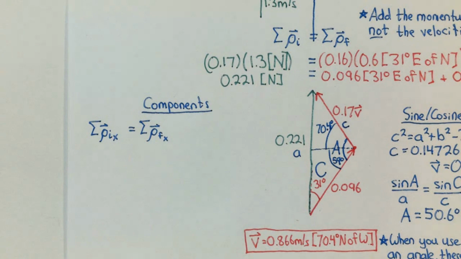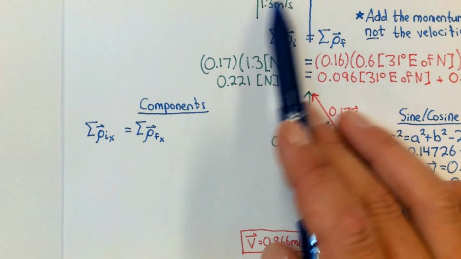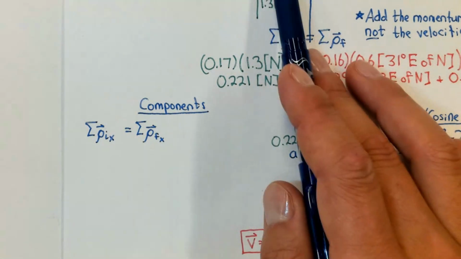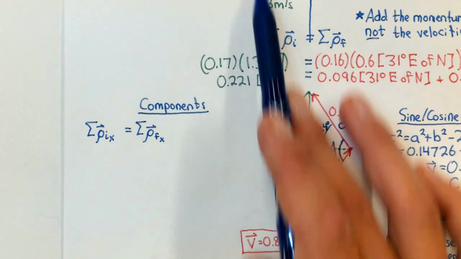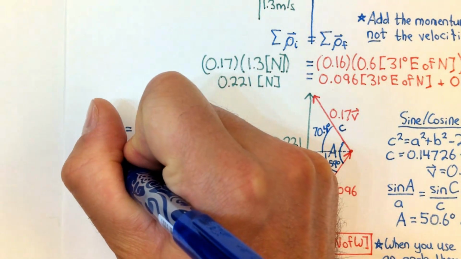So let's look at what's happening in the x direction. Well, initially, in the x direction, I've got nothing. This guy has no momentum at all, and this guy's momentum is all y. So total momentum initial in the x direction is 0.